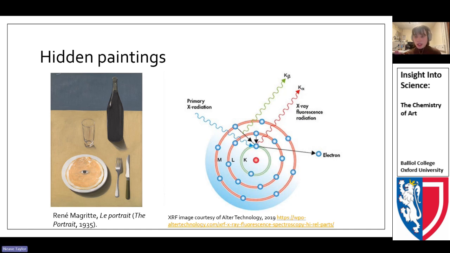And I thought it'd be interesting just to tell you a bit about the specific technique they used, X-ray fluorescence analysis, to give you a little bit of a flavor of how they do such accurate summaries of what that painting looks like underneath.